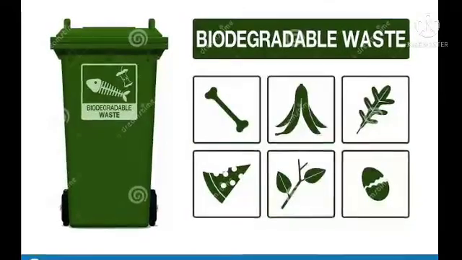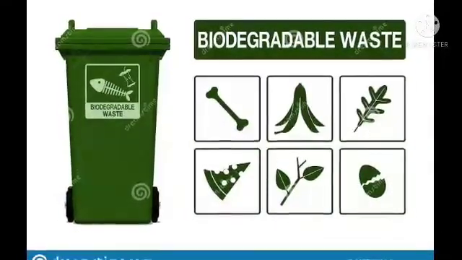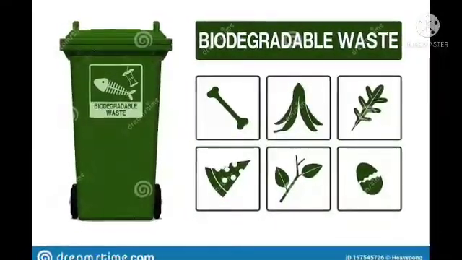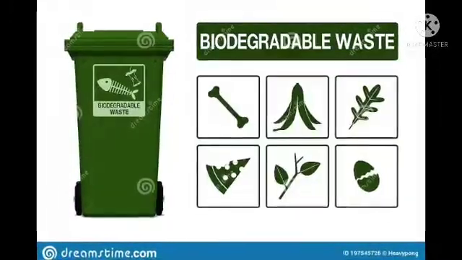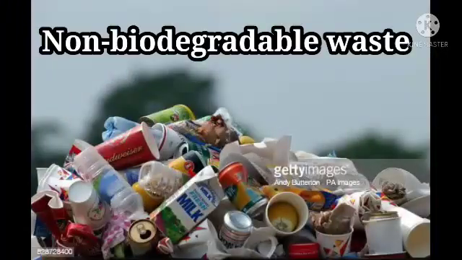Example: vegetables, fruits, pulses, paper, animal dung, etc. Second one is non-biodegradable waste. These are the wastes which are not decomposed by microorganisms. Example: polythene bags, plastics, synthetic fibers, etc.